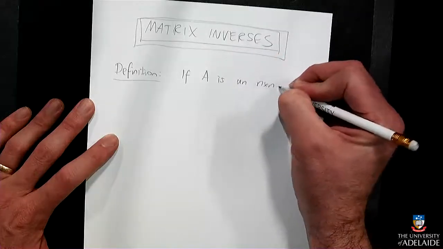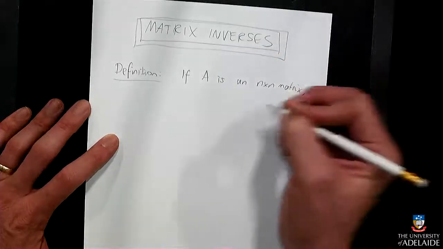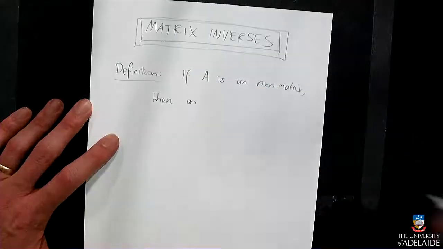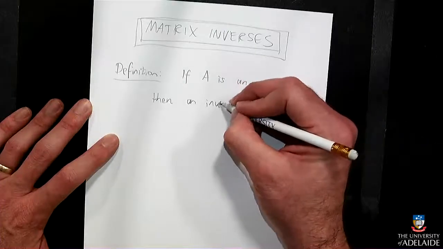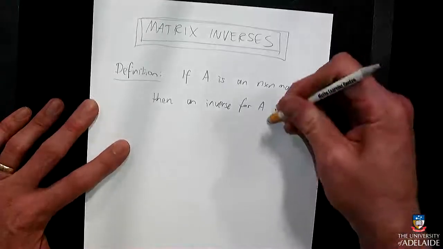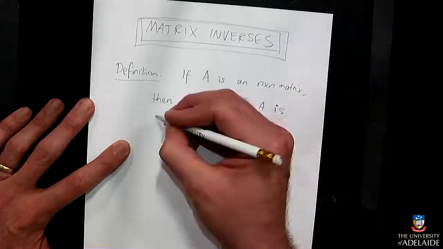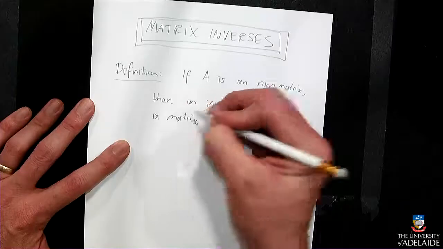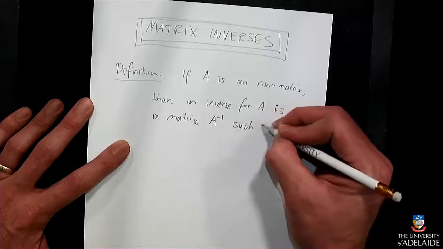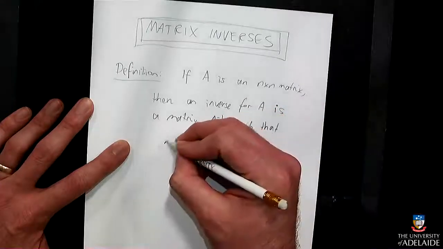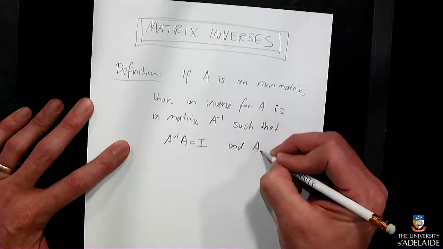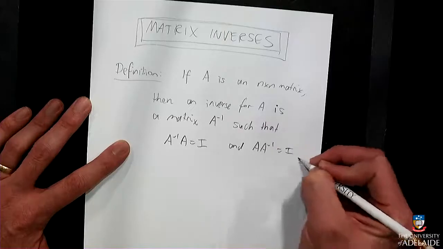Here's an n by n matrix A. Then an inverse for A is a matrix, denoted by A inverse, such that A inverse times A is the identity, and also A times A inverse is the identity.